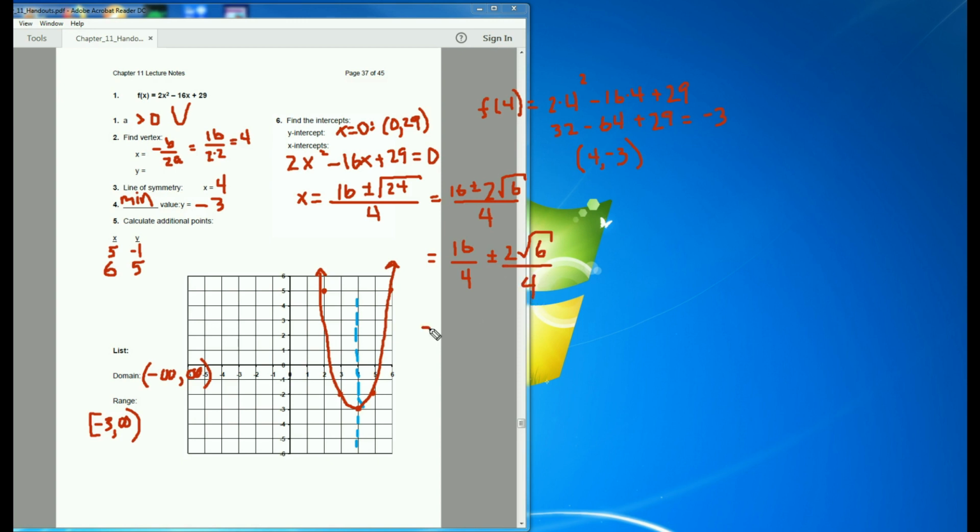So now you can see that this becomes 4 plus or minus, and then here I can take out a factor of 2. So that becomes plus or minus square root of 6 over 2.